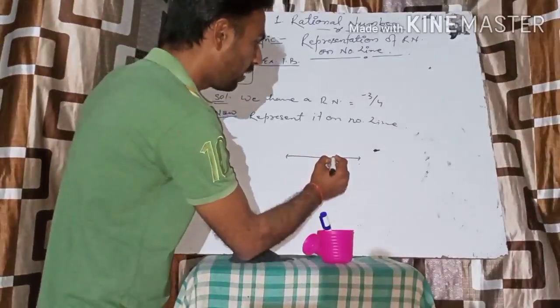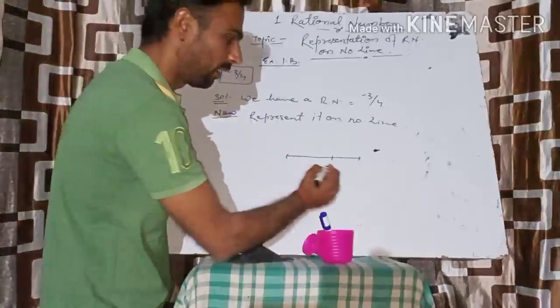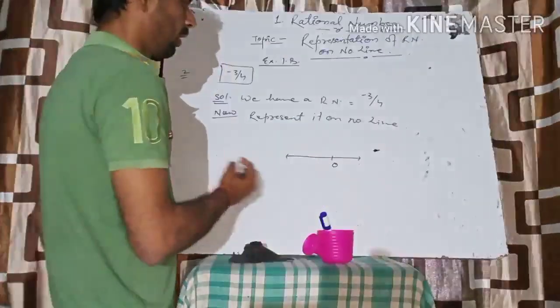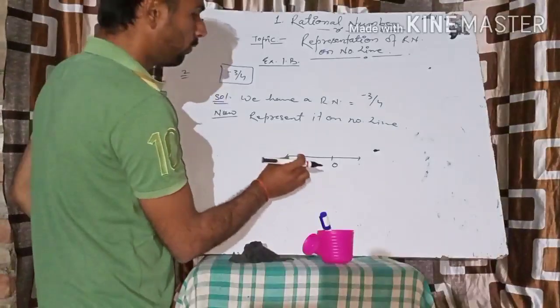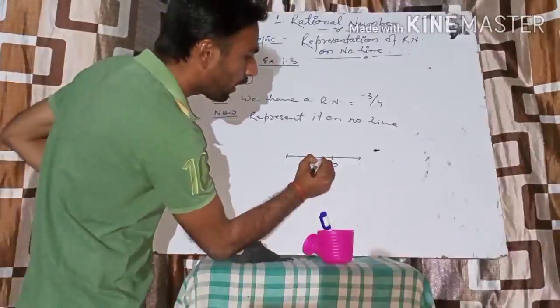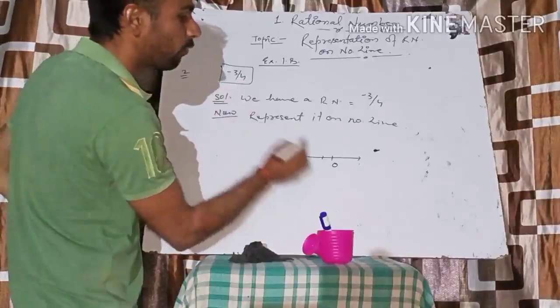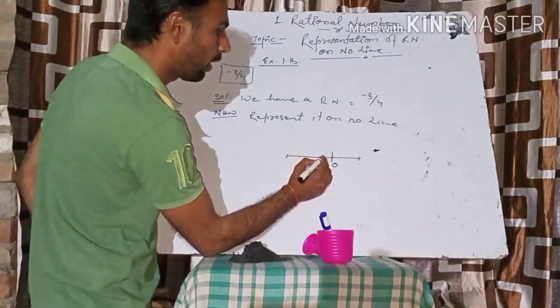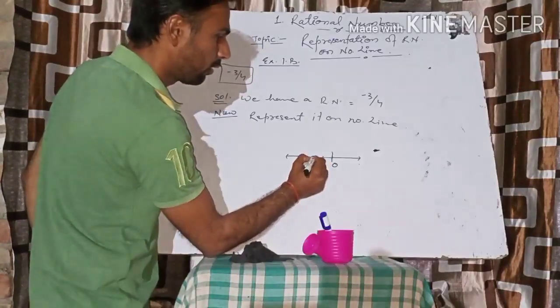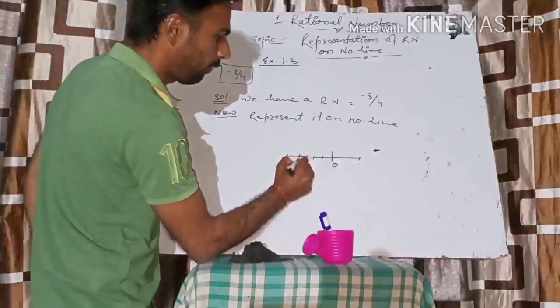Where do we represent it? On the left side. Yes, here is 0. Now we have to draw 4 equal segments because the denominator is 4. So we make 4 equal parts: 1, 2, 3 and 4.